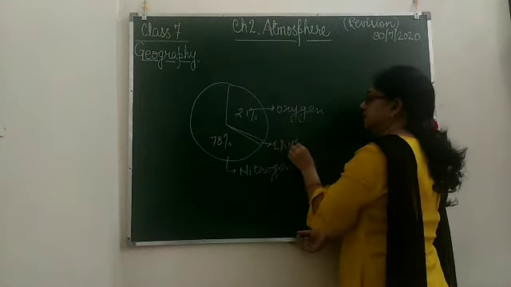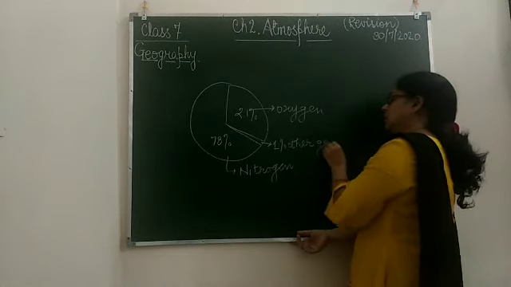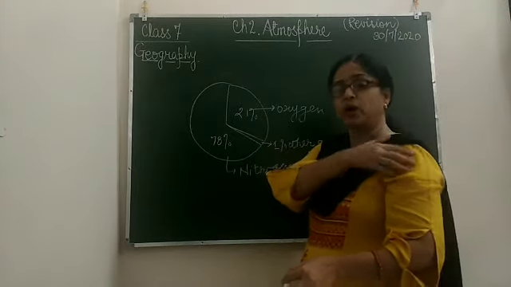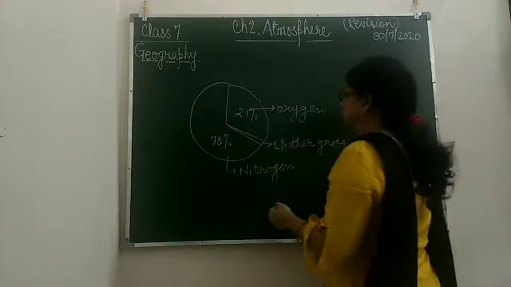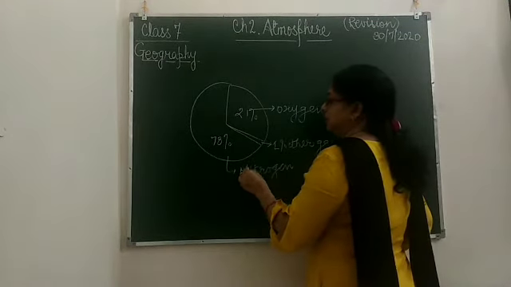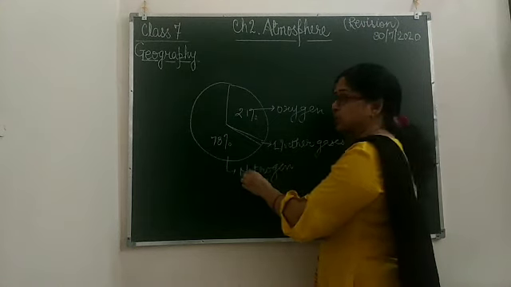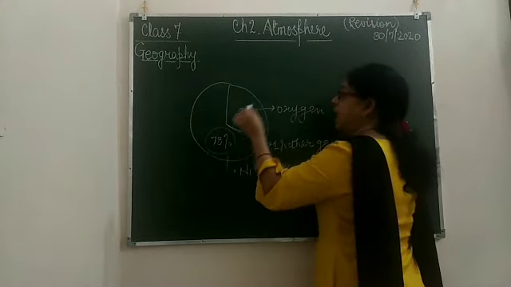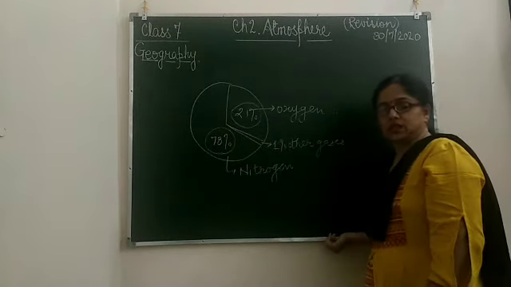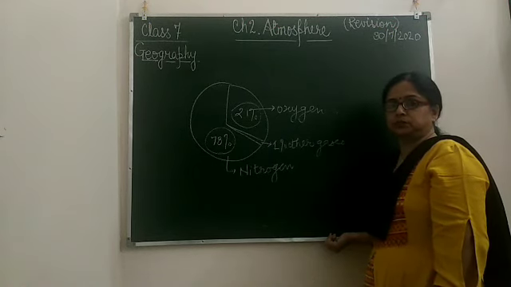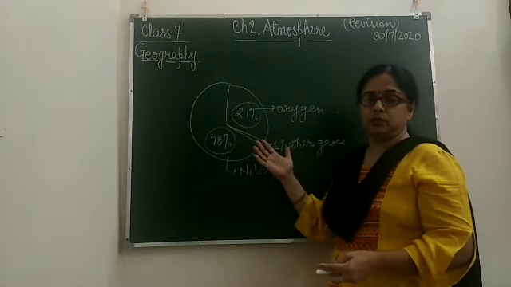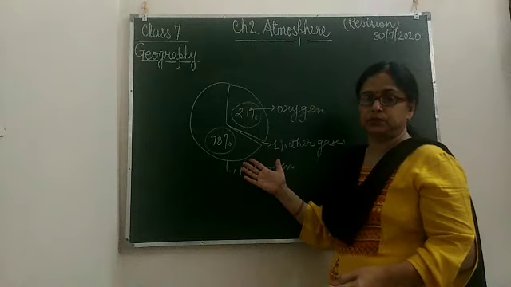The 1% other gases include carbon dioxide, dust particles, water vapor, argon, etc. So remember that the proportion of nitrogen in the atmosphere is 78% and 21% of oxygen is there in the atmosphere. Now, this is the composition of the atmosphere. Which gases are there in the atmosphere?